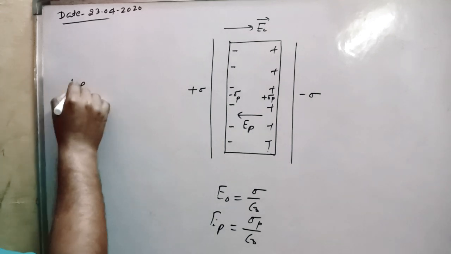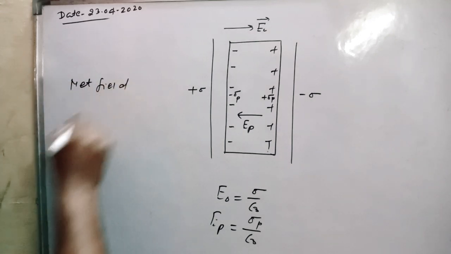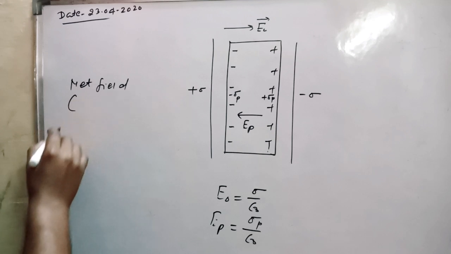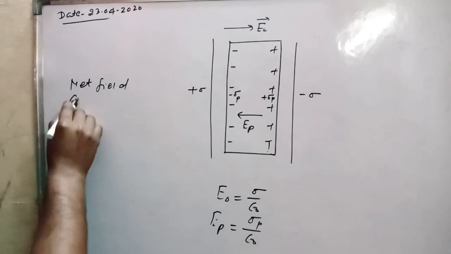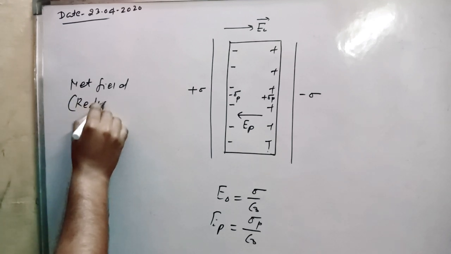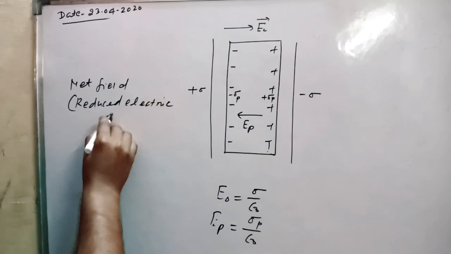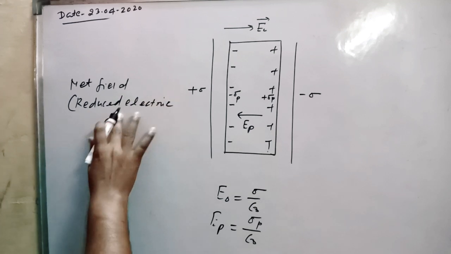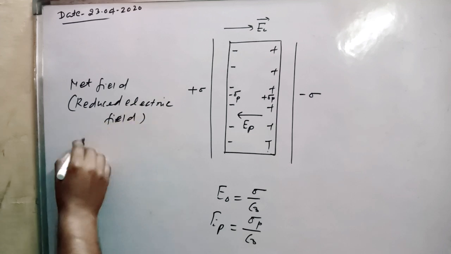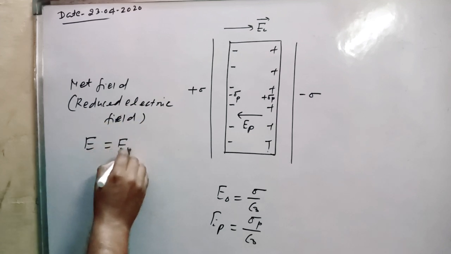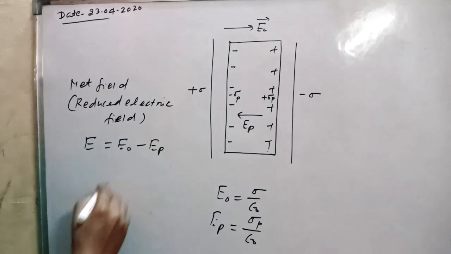So now here the net field, that means the reduced electric field, E is equal to E naught minus EP.